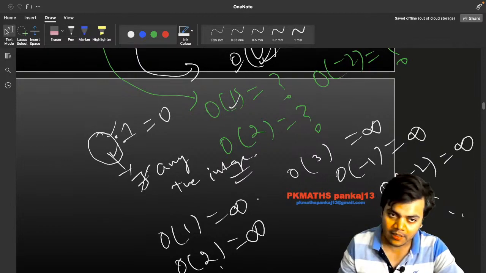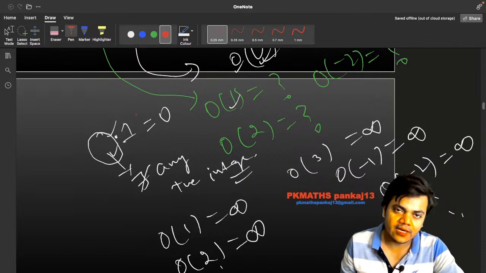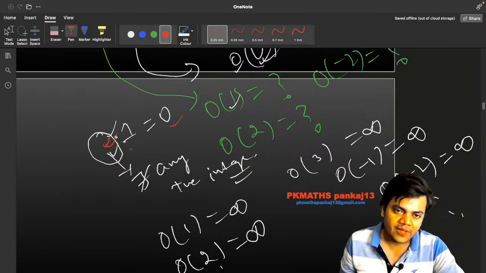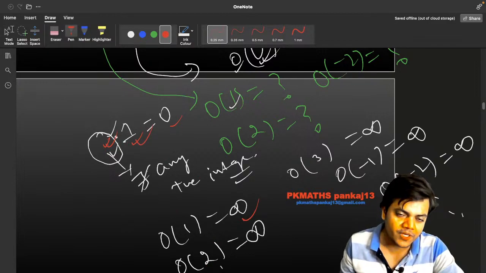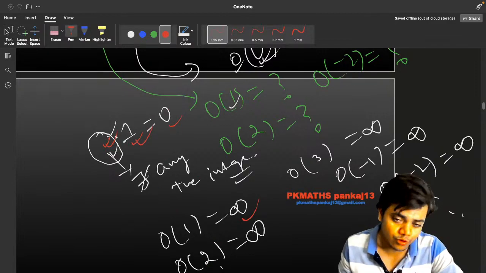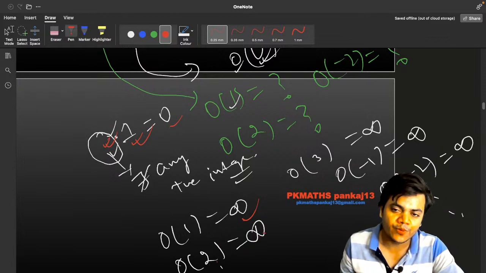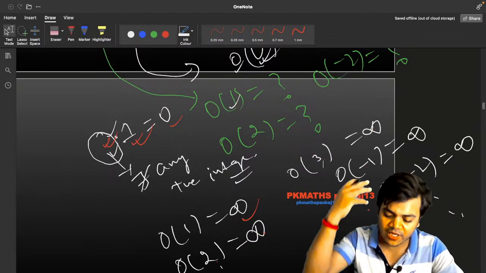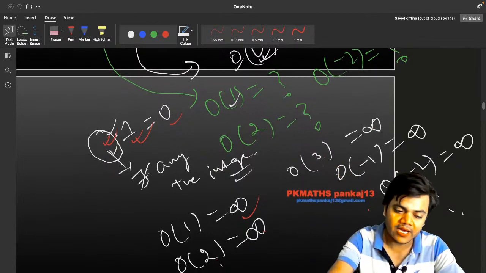Infinity, है ना। कोई ऐसा integer यहां पे exist नहीं करेगा जिसको 1 से multiply करे तो 0 हो, ठीक है। तो इसीलिए 1 का जो order है वो infinity होगा। In the same manner अगर 1 के जगह पे 2 रहेगा तो 2 को भी किसी भी natural से multiply करेंगे तो 0 नहीं होगा, इसलिए order of 2 भी infinity होगा, order of 3 भी infinity होगा। और इस तरीके से 0 के अलावा हर एक element का जो order है वो क्या होगा?